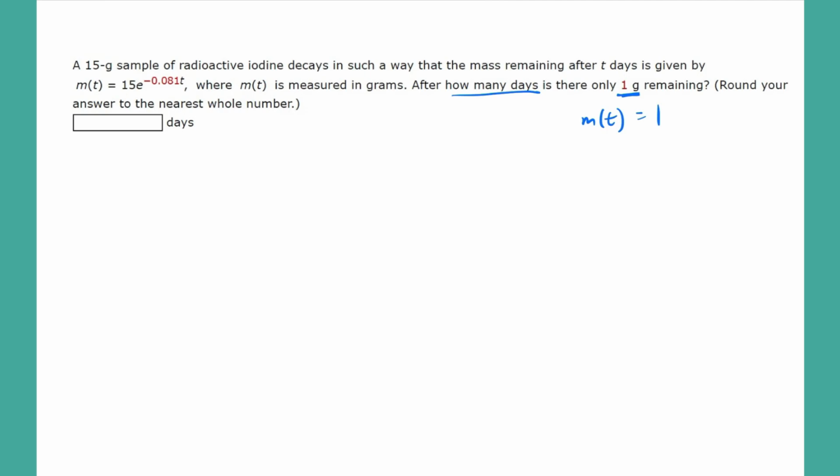So the equation becomes 1 gram equals 15 e to the negative 0.081 t. So to solve for t, we have to get rid of the coefficient by dividing by 15 first. Now we have 1/15 is equal to e to the negative 0.081 t.